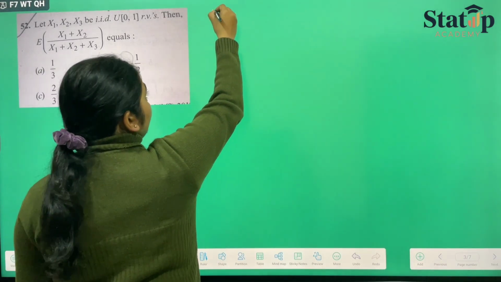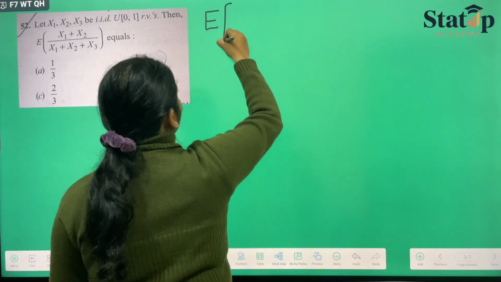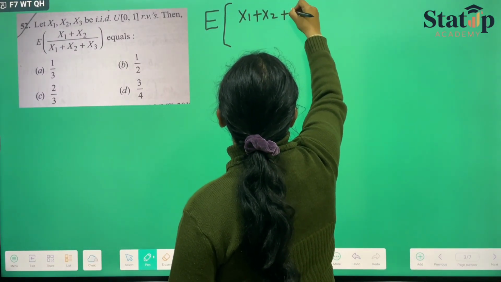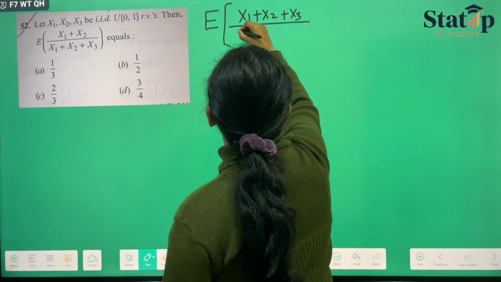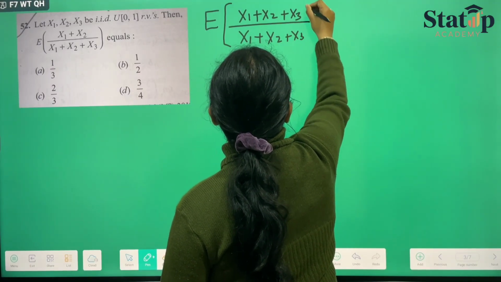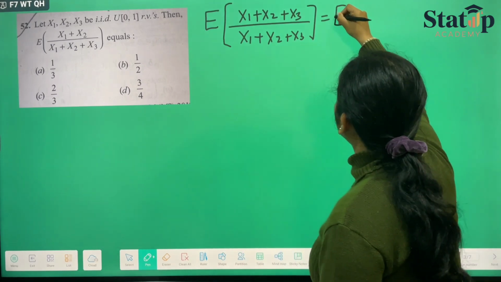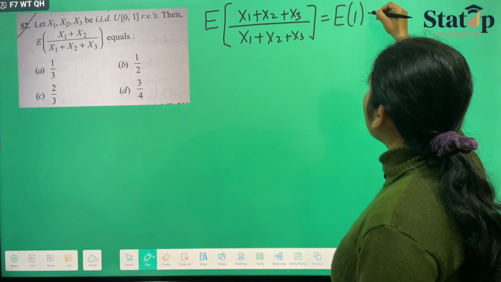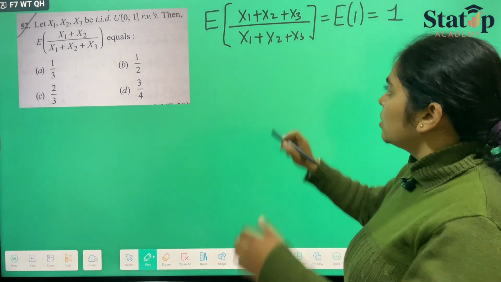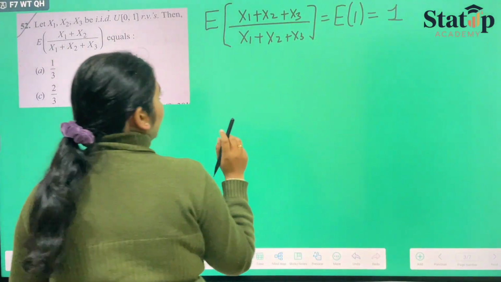So the trick here is that x1 plus x2 plus x3 upon x1 plus x2 plus x3 should be equal to the expectation of 1, and the expectation of a constant is the constant itself, so it should be equal to 1 because numerator and denominator will get cancelled.